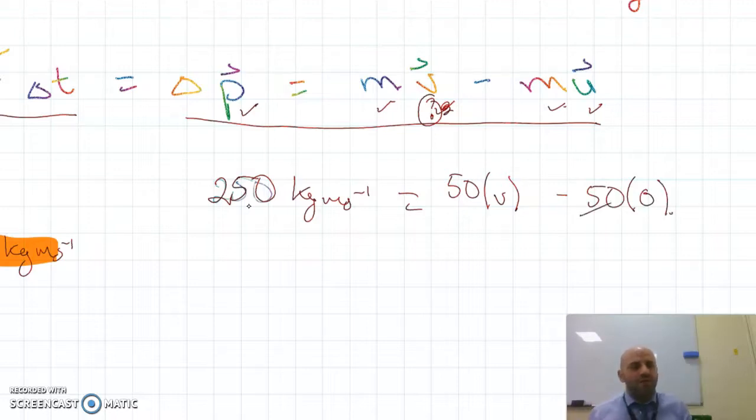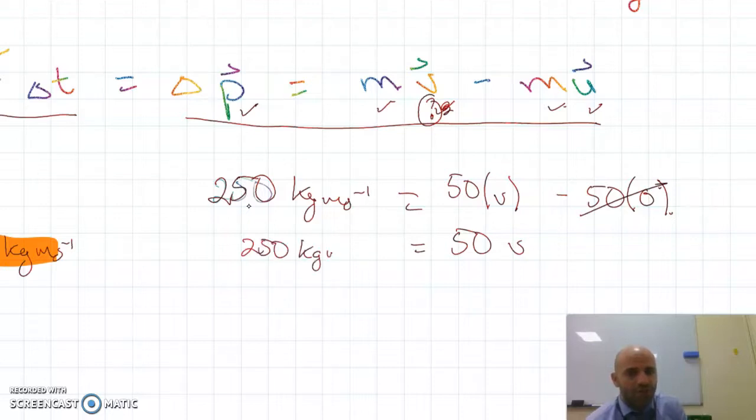Now this 50 times 0 is just gone. So then I'm left with 50 times the final velocity equal to 250 kilogram meters per second. Of course, this is a mass in kgs. That's 50 kgs over there.